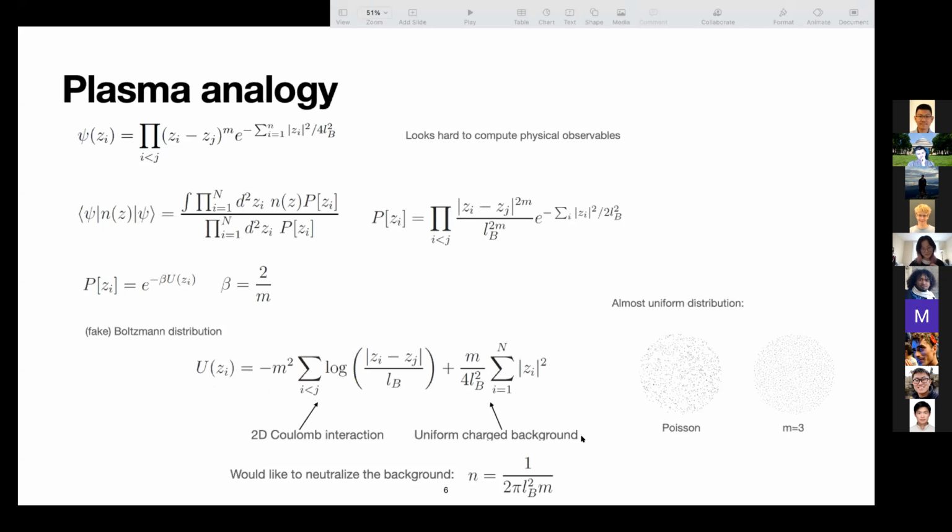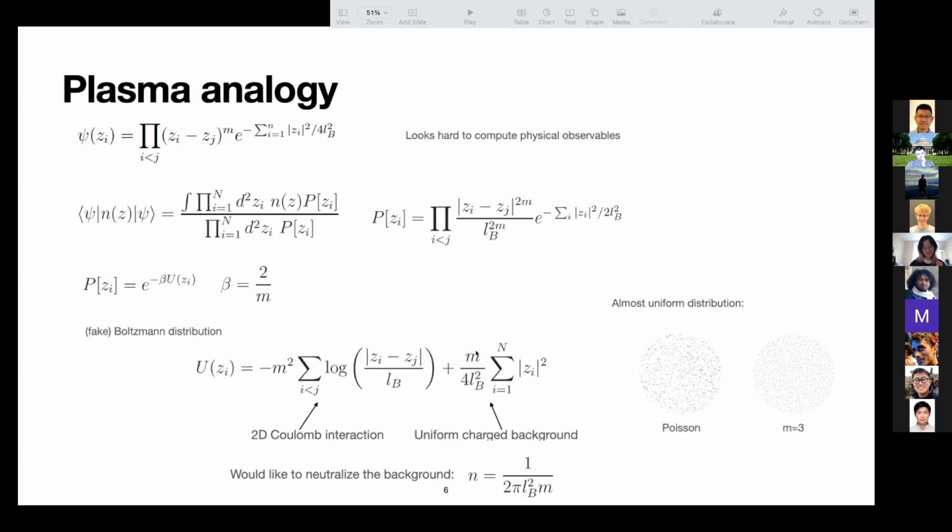It looks kind of bizarre, but if you're familiar with a 2D Coulomb gas, then this will look very familiar, because this log term describes a 2D Coulomb interaction between two point charges, and this term describes a point charge with charge m interacting with a uniform charge background.